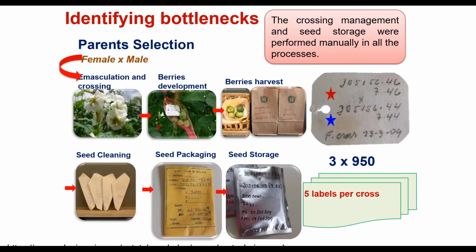At the time of crossing, there is development, there is harvest, seed cleaning, seed packaging, and seed storage. In the end, a total of 14,250 crosses labels were written by hand during 336 person hours.